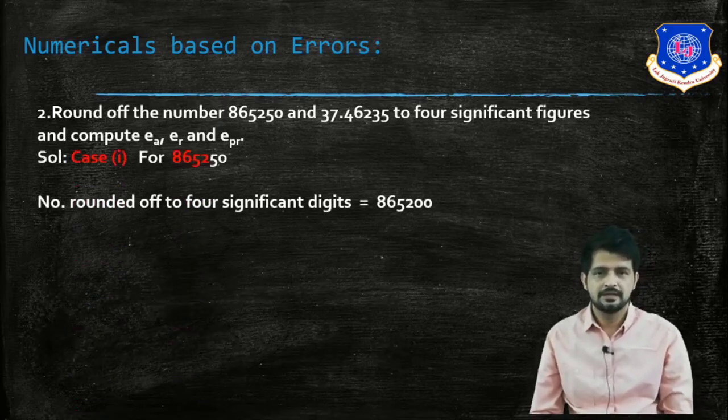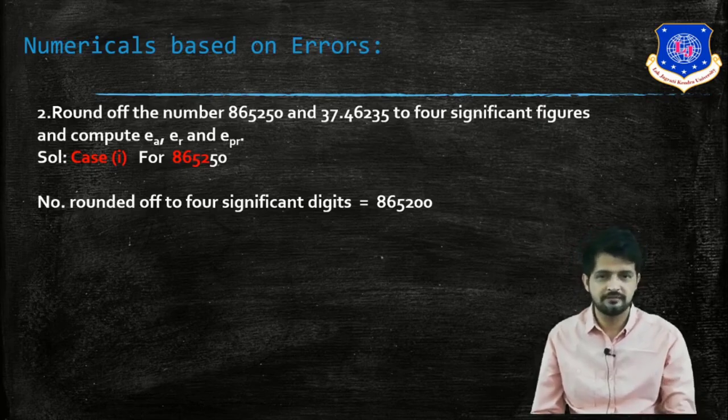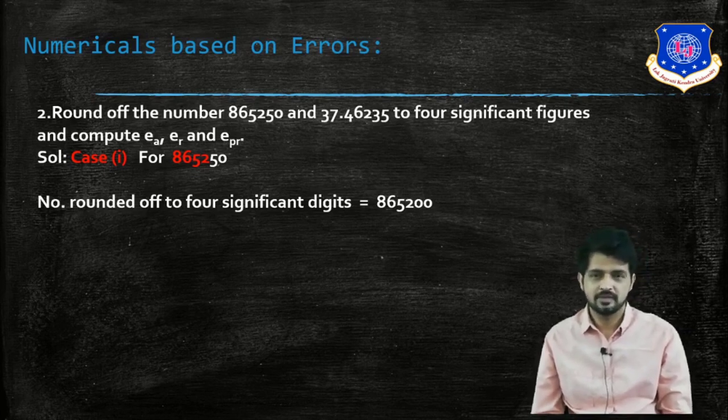Okay. Let us consider case number 1 in which we have to round off the given number up to 4 significant digits. How we can round off with the help of that formula? See, as we know that after decimal point the trailing zeros are significant, but here we have to consider only first 4 significant digits.